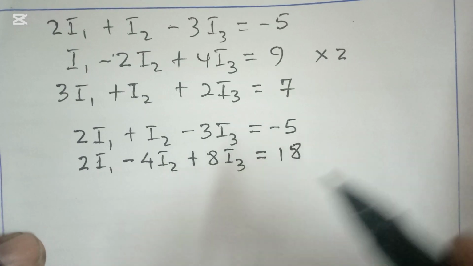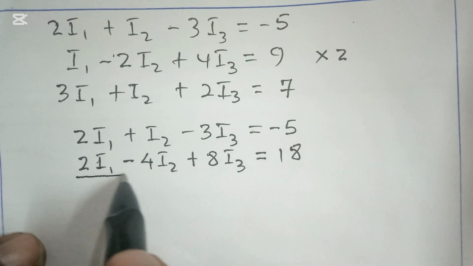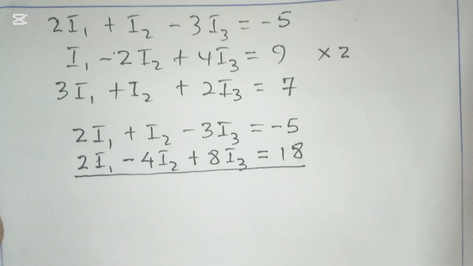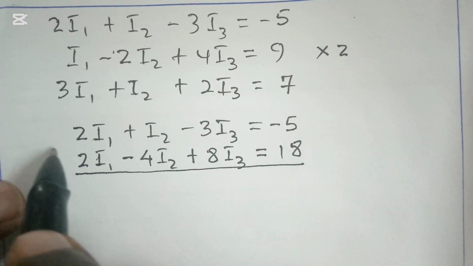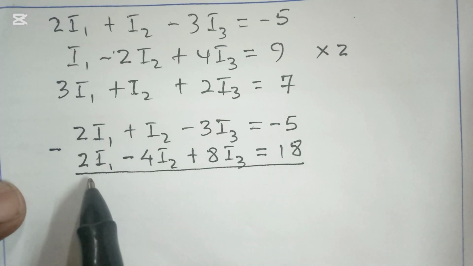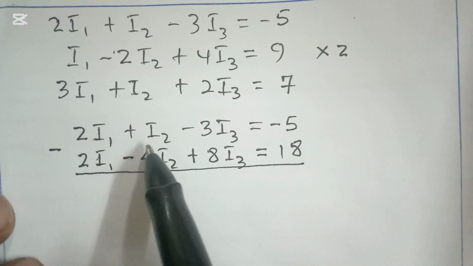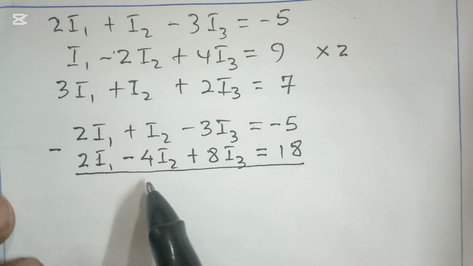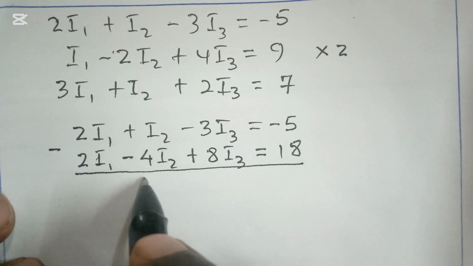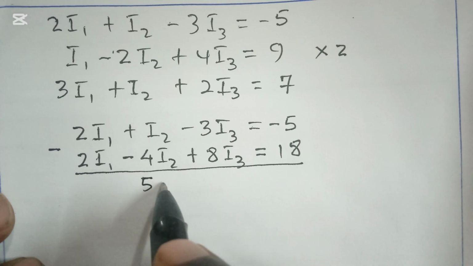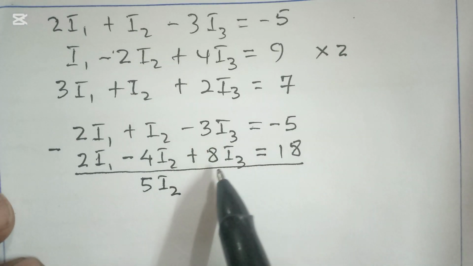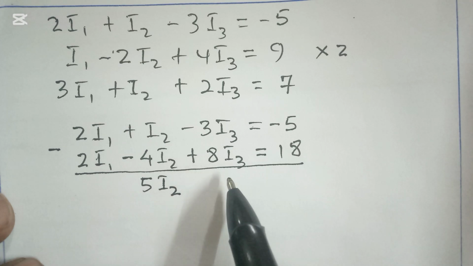So guys, I'll check and see how I can now eliminate it, either by subtraction or addition. And so by subtraction, it will be 0. So that one becomes 0. This one will be now I2 minus 4I2. This gives us minus 5I2. This is minus 3I3 minus 8I3.